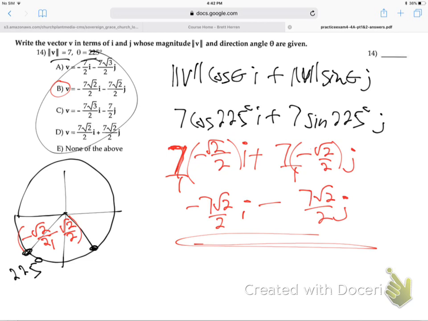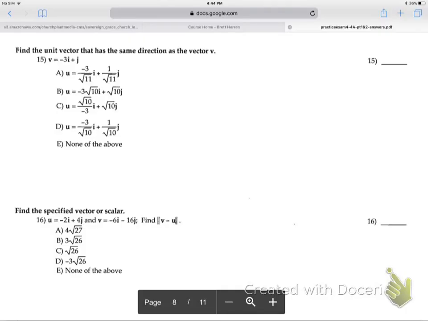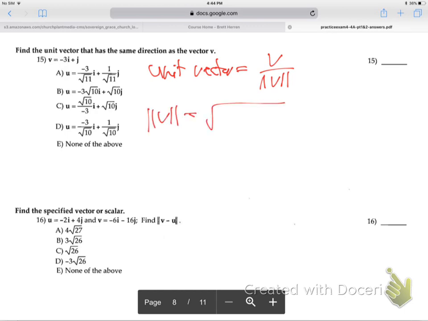Very good. All right, number 15 now. Find a unit vector. To find a unit vector, for any vector, you just take V and divide it by the magnitude of itself. That makes it a length of 1. When you divide it by its own length, you make its length 1. So what's the magnitude of vector V? Remember, that's the square root of a squared plus b squared.